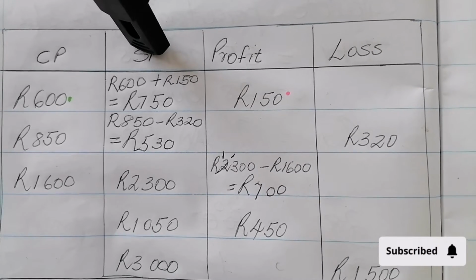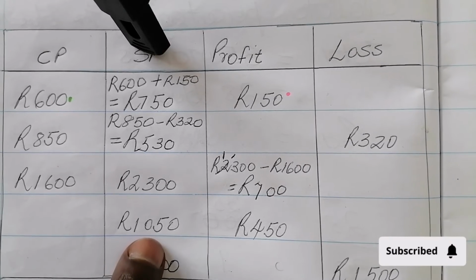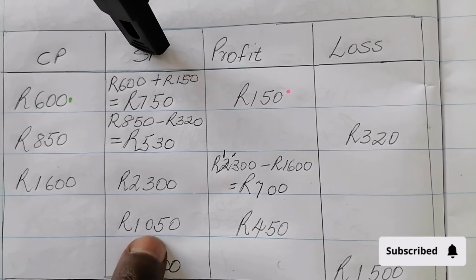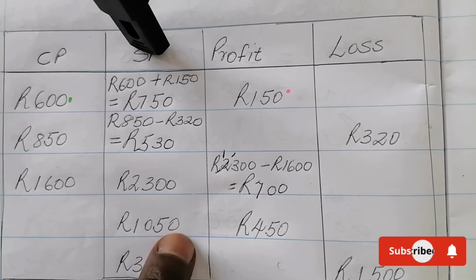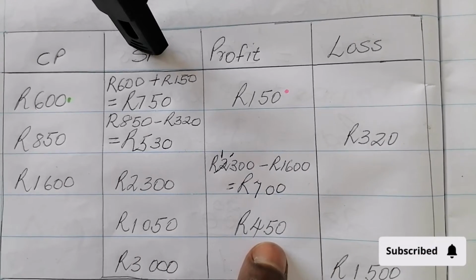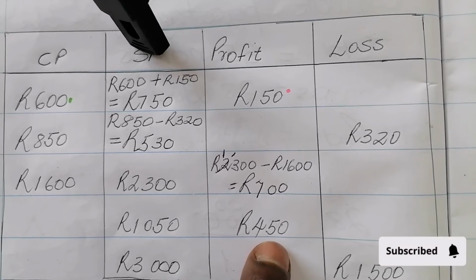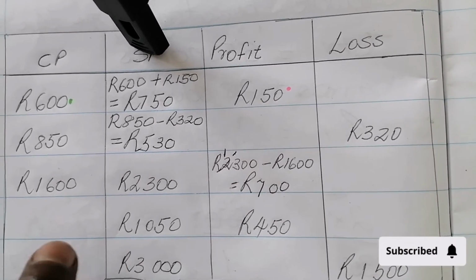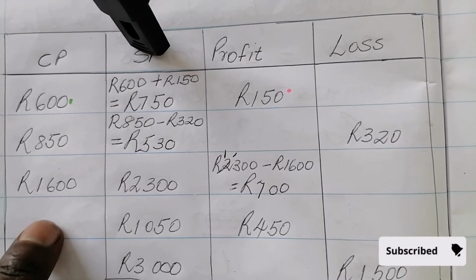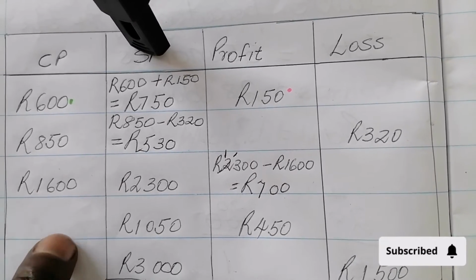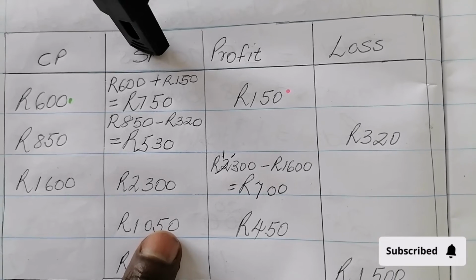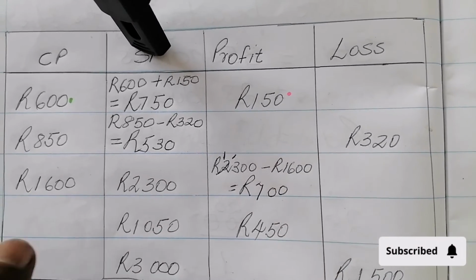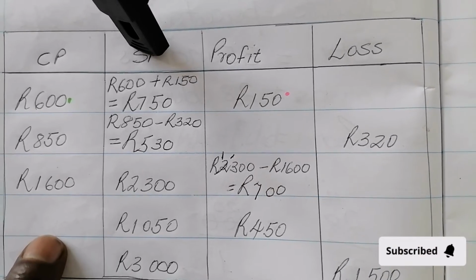Here we are given a selling price of 1,050 rand and a profit of 450. So now what we have to calculate is the cost price, because we are given what? The selling price and the profit. So what we need to calculate now is the cost price.